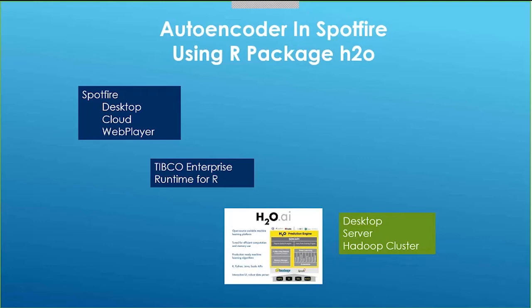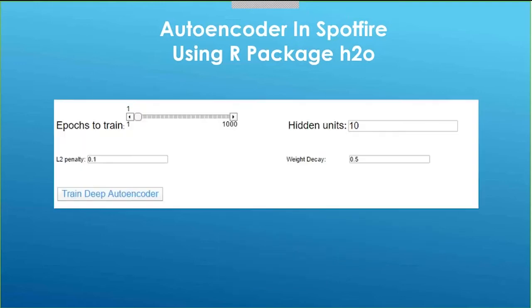So one of the nice things about H2O, the package will run on a server, on your desktop, or even on a Hadoop cluster. It can be configured to run on rather large data.